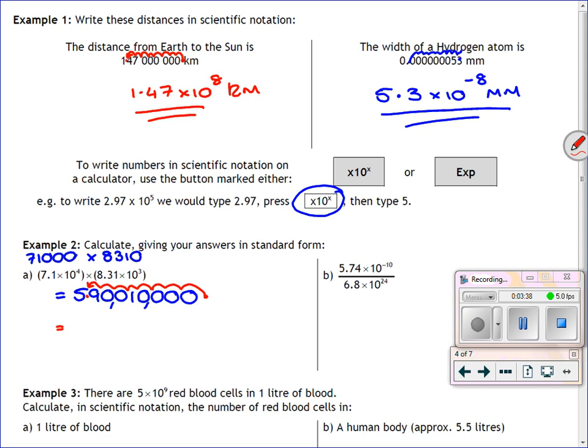So that means that this number is the same as saying 5.9 times 10 to the power of 8.